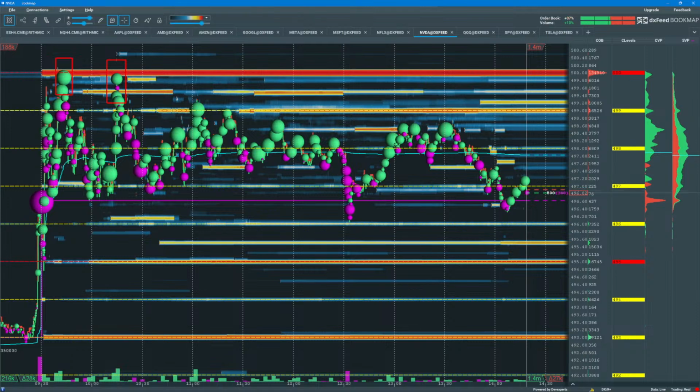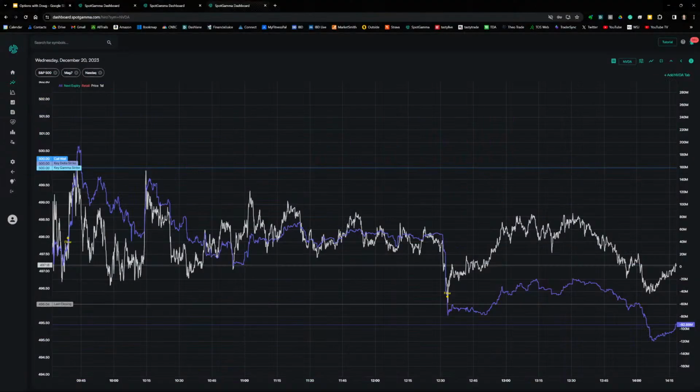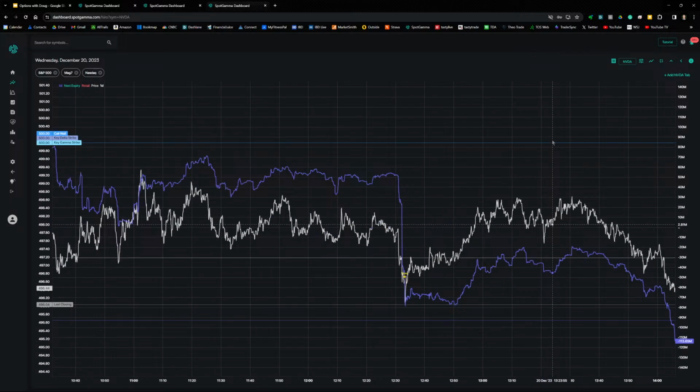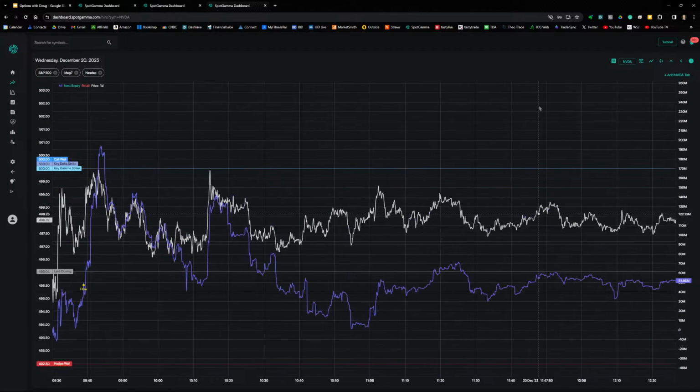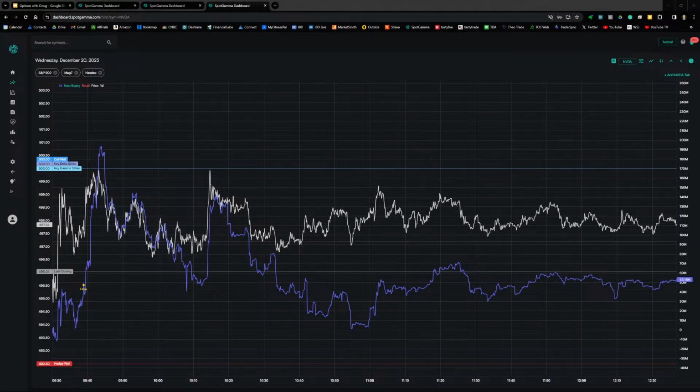Let's go back to Hero. So pretty choppy signal here in Hero. Let's zoom in a little bit. And note the quick reversal in Hero signal twice at 500. Traders switch from taking positive delta positions to negative delta positions at that level.